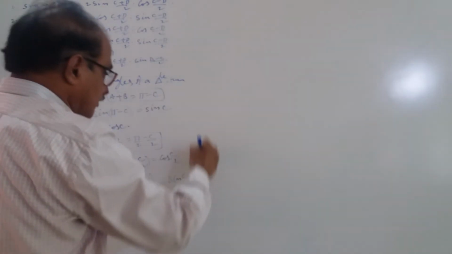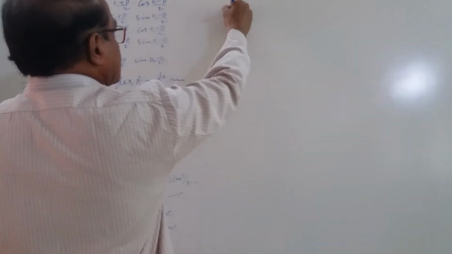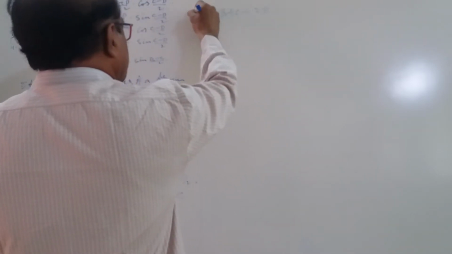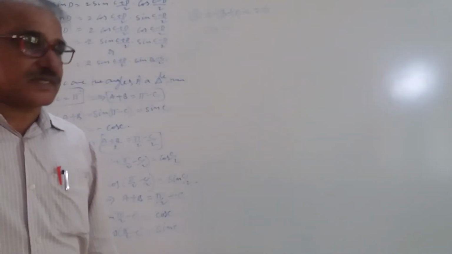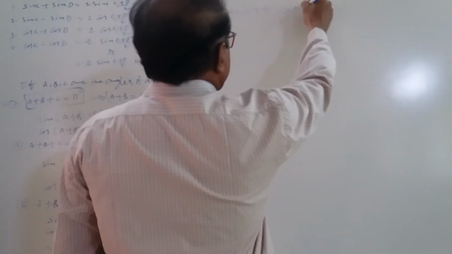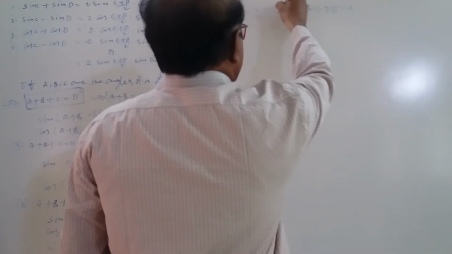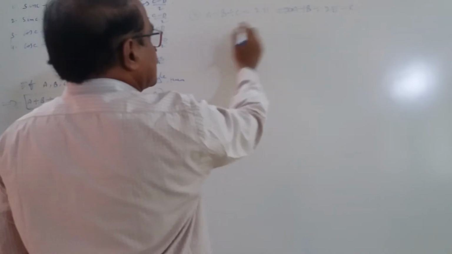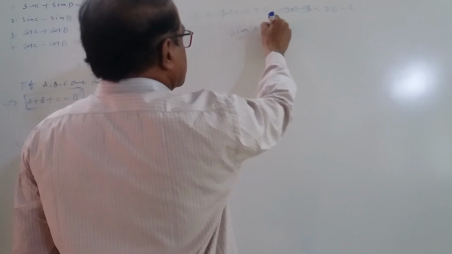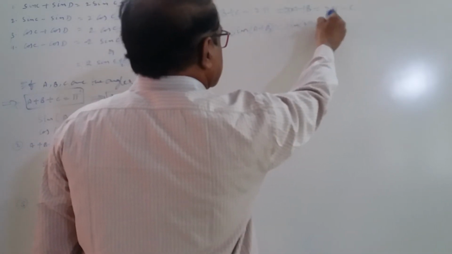In that way we have to discuss some other points. If A plus B plus C is equal to 2 pi, then A plus B is equal to 2 pi minus C. Then taking sin on both sides, sin (A plus B) is equal to sin (2 pi minus C).